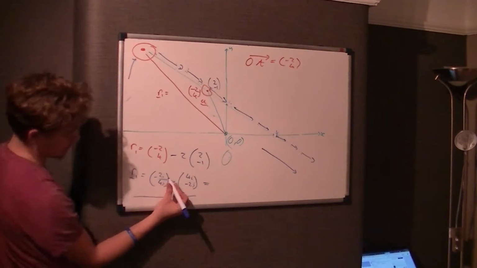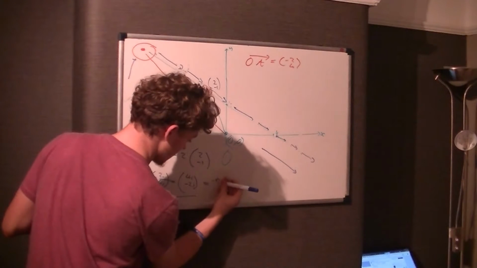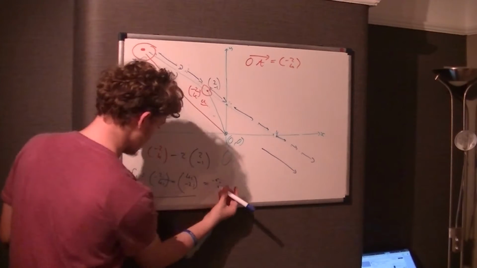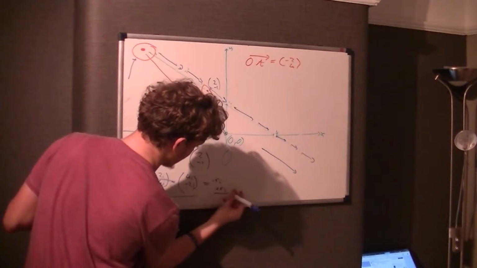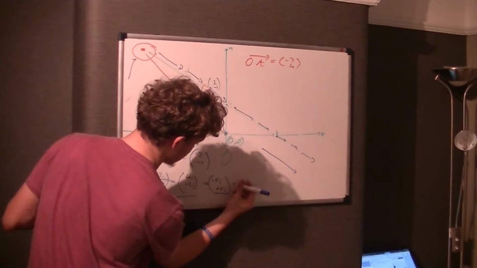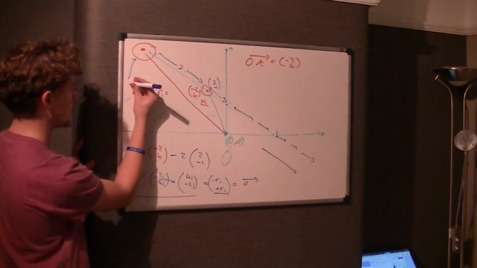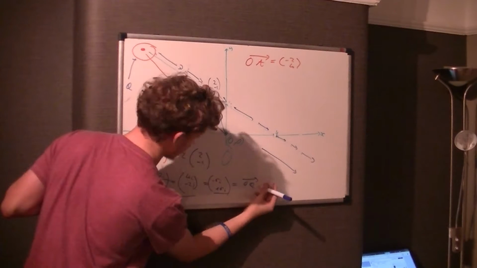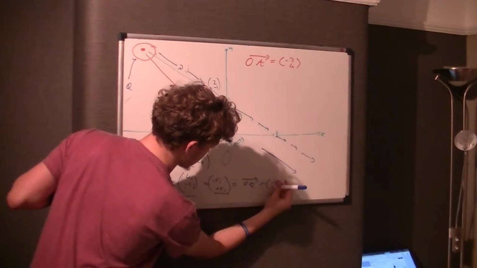Therefore we take away the tops, take away the bottoms, and that gets us minus 6i and plus 6j. Therefore we can say that is equal to O to, we'll call this point Q. So O to Q is equal to minus 6i plus 6j.